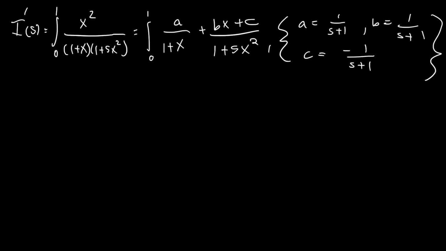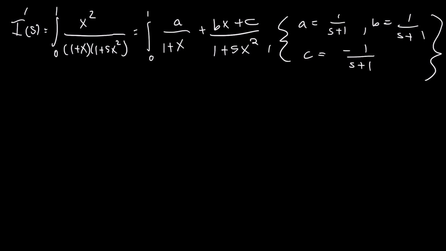We have the integral from 0 to 1 of a over 1 plus x plus bx plus c divided by 1 plus sx squared. And we just found out that a equals 1 over s plus 1, b equals 1 over s plus 1, and c equals negative 1 over s plus 1.